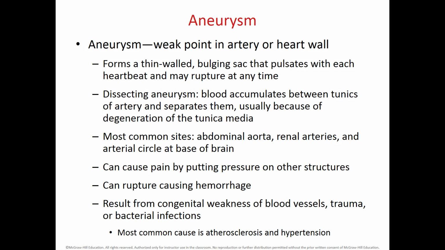Some problems that can happen in the walls of the blood vessels are aneurysms. Aneurysms are weaknesses within these layers, usually the tunica media, of the arteries or the heart wall itself.